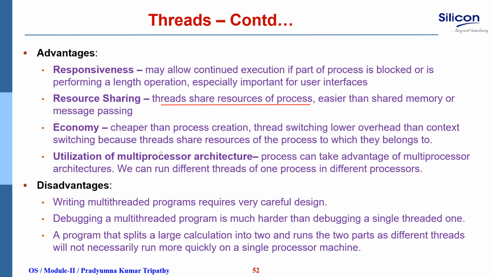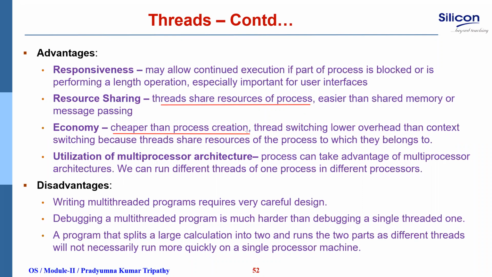The next one is economy. It is cheaper than process creation and thread switching. How is it cheaper? Because for creating a process, much information has to be kept. Process termination and switching among processes all take more time, more work, more operations.